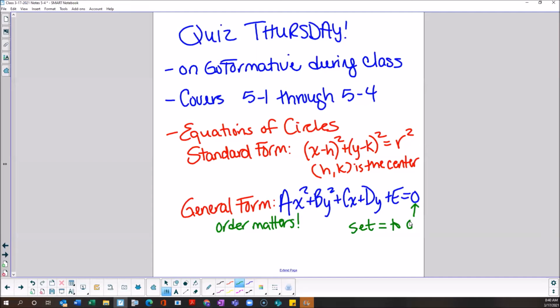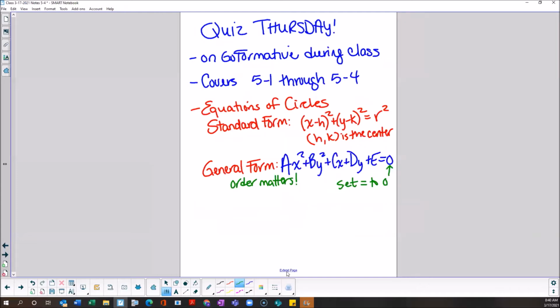Okay, so that was kind of what we did on 5.1 and 5.2. And then the next part, after equations of circles, we're still doing equations of circles, but we're writing the equation given other points on the circle, right?